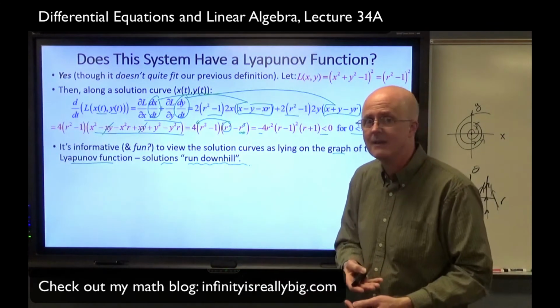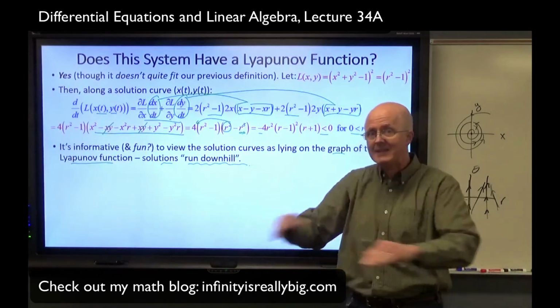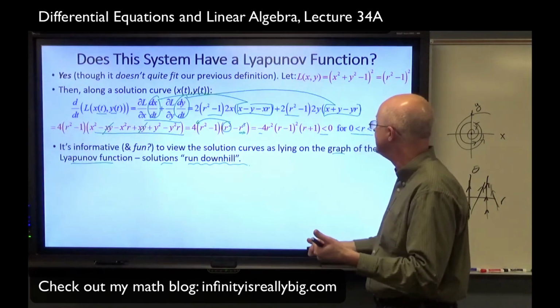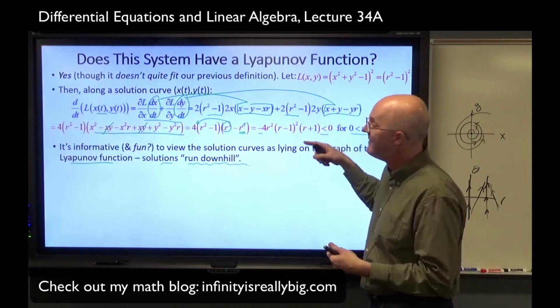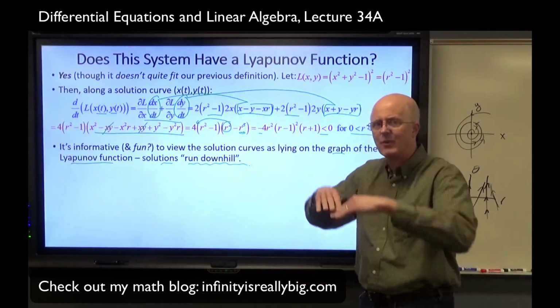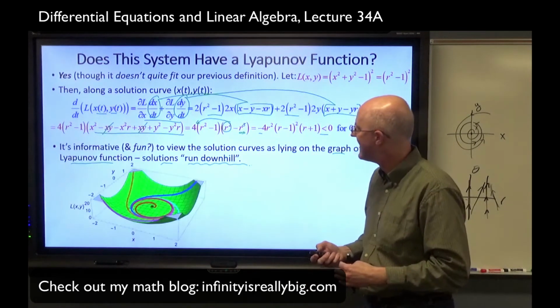I'm going to graph this function with its domain being the xy plane and its vertical direction, z, being the output of it. We see a surface graph, plot the solutions on that graph, take them from the xy plane and translate them upwards to the graph of L. What will I see? I see something like this.